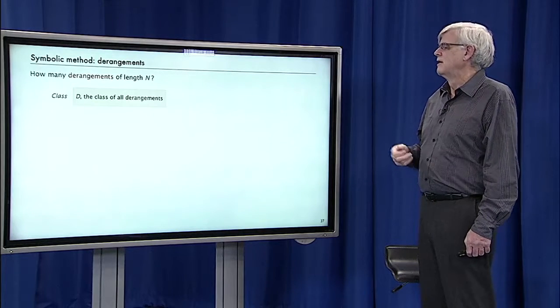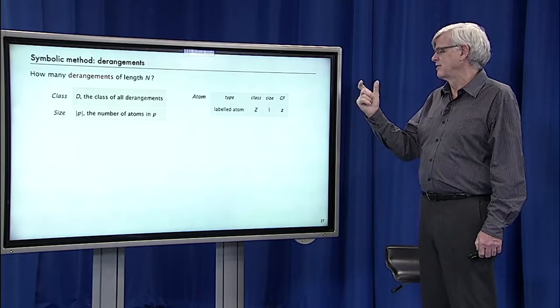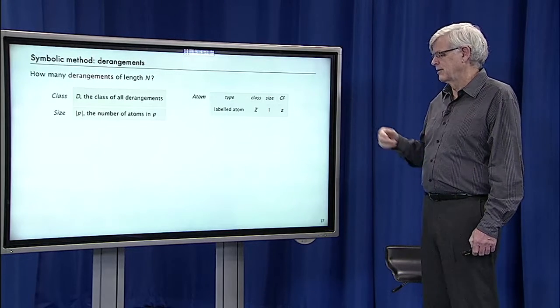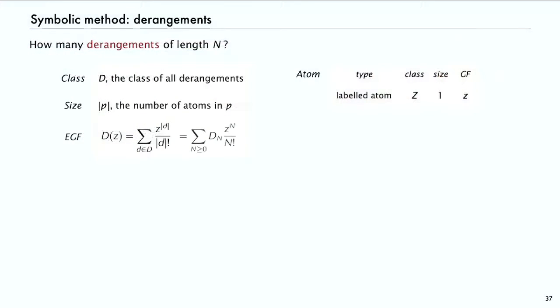Now we'll just go through our regular regimen. We're going to define D to be the class of all derangements. Size is the number of atoms, standard labeled atoms. The generating function is always the same, the exponential generating function. And so what's the combinatorial construction? One way to phrase it is this way.